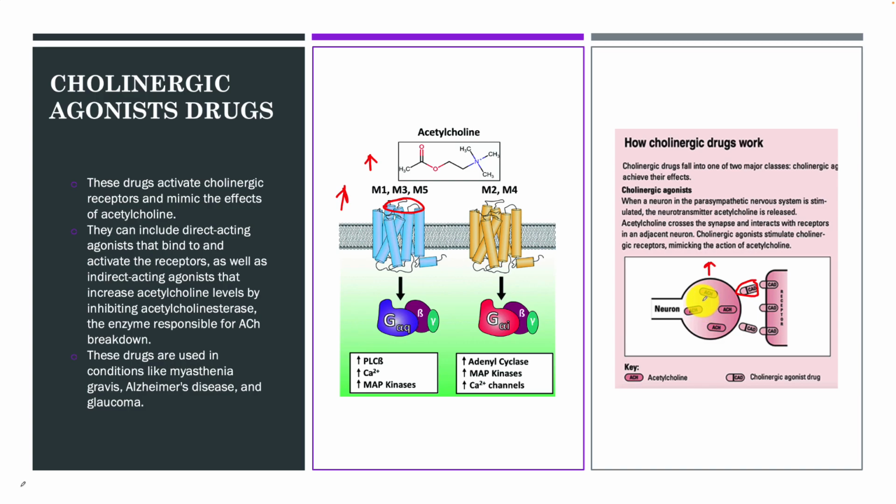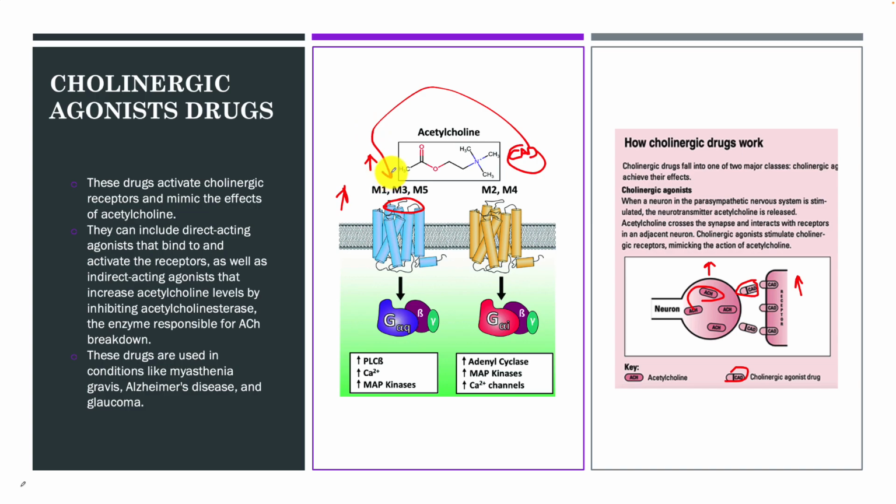That would mean your natural acetylcholine and the drug, which in this picture is called the cholinergic agonist drug, or CAD, would work in tandem to increase the cellular response to acetylcholine. So CAD can bind to this receptor.